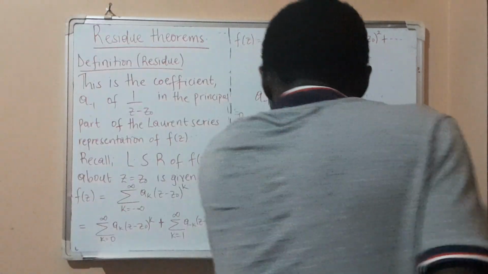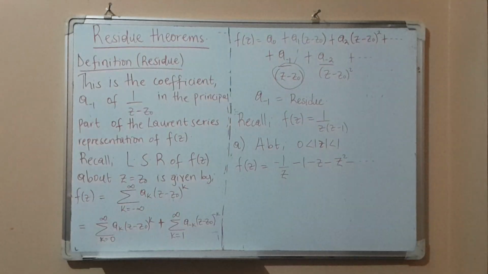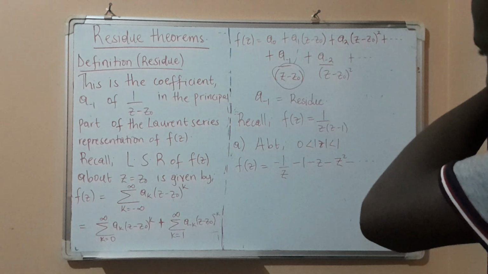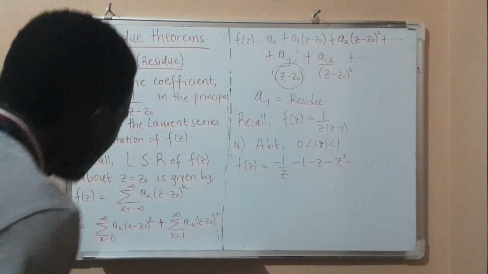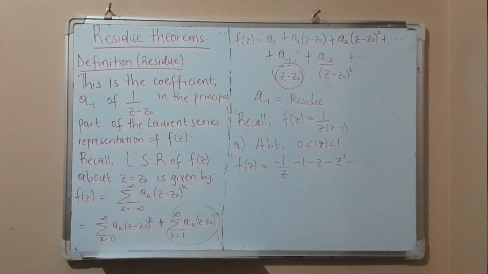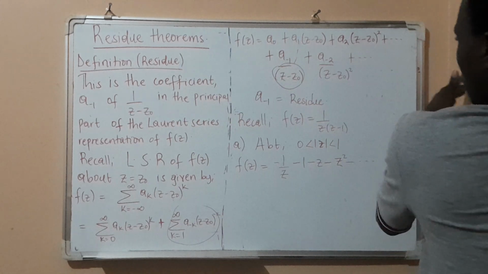So when you look at this Laurent series representation of f valid in that given domain, if we are to identify the principal part, remember we said that this thing here with the fractions is the principal part, starting from here going this side.